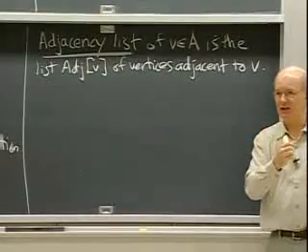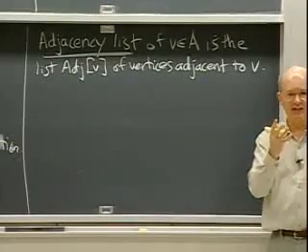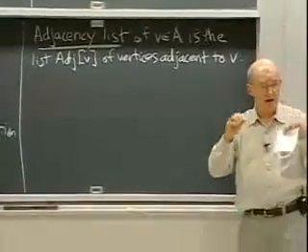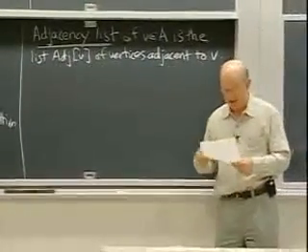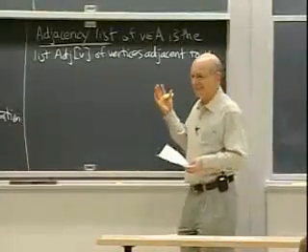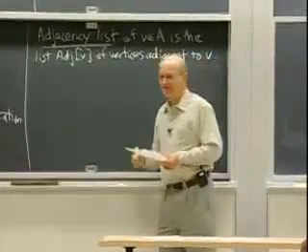So incidence is a relation between a vertex and an edge. Adjacency is a relation between two vertices. That's just the language. Why they use two different terms, I don't know, but that's what they do.